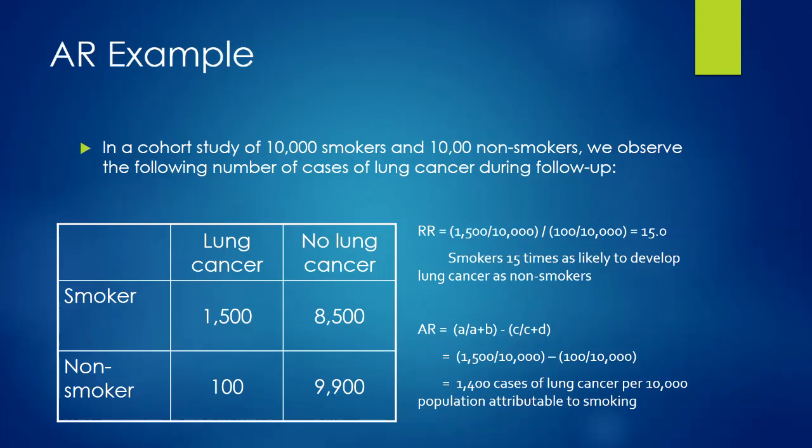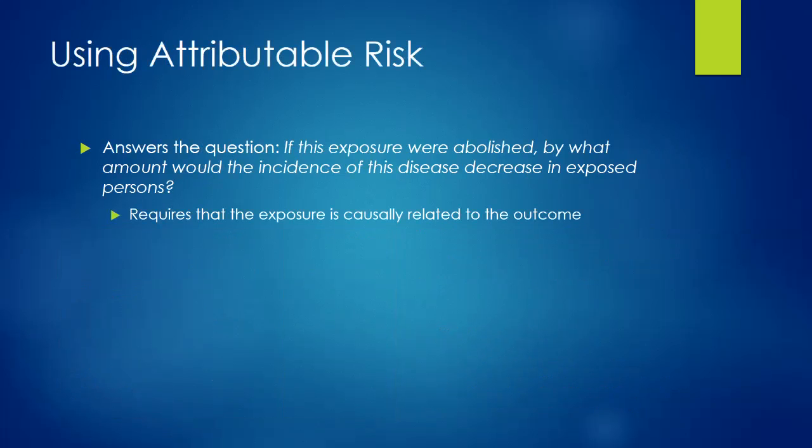So again, both are measures of association between the exposure and outcome, but different takes on it. The risk ratio, relative risk, is telling us the increased likelihood of developing the outcome given that you're exposed, whereas the attributable risk is telling us how many cases of disease in this population could be prevented if we eliminated the exposure of smoking. So how many are caused by smoking?